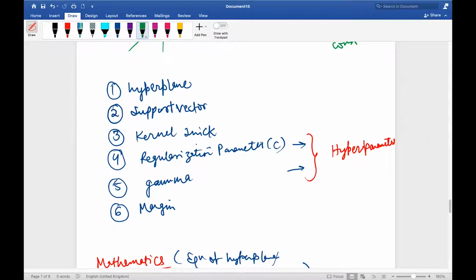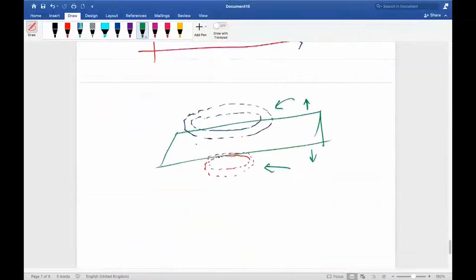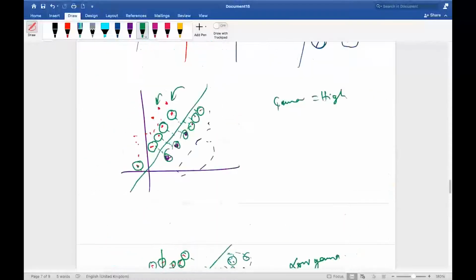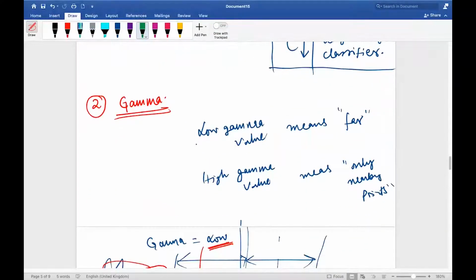I have one question. In the regularization parameter, we have the overfitting point, and with both cases we go with a trade-off. Do we have that with gamma also? Like which one is best, low or high? So gamma is also one of the hyperparameters.